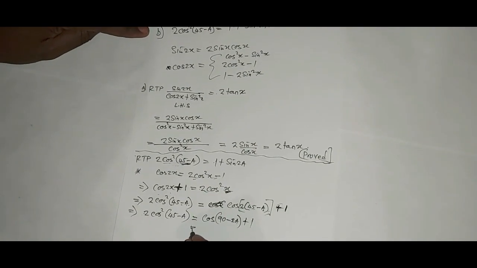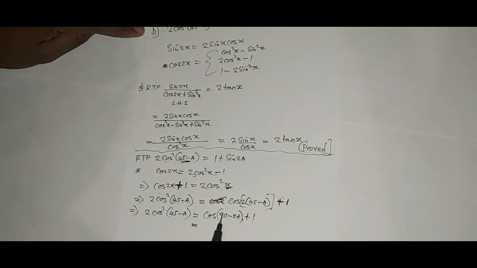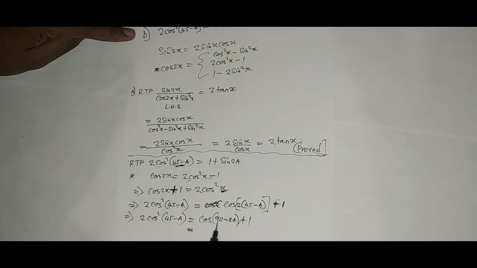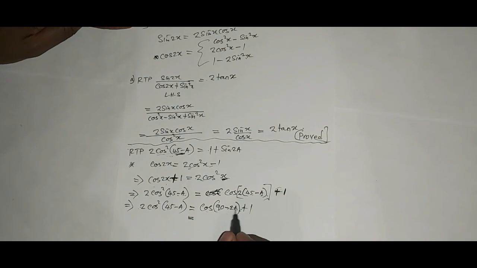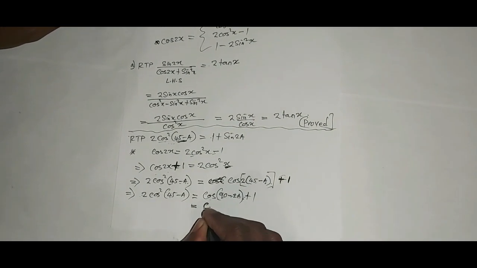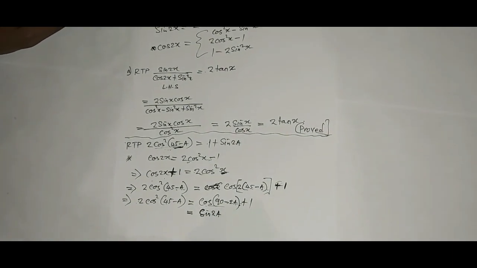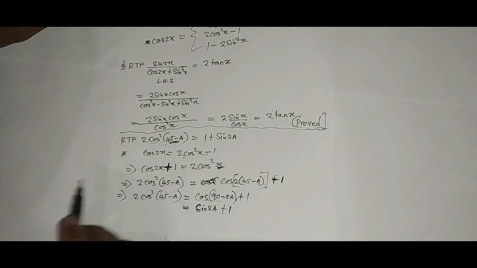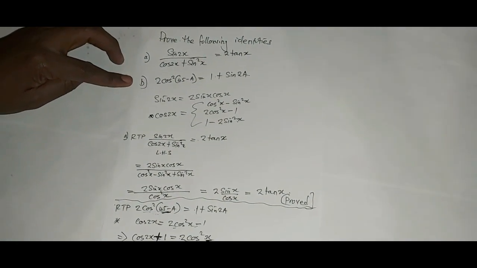Can you see these are co-functions of angles, which means cos of 90 minus 2a will be, in this case, sin of 2a. This becomes sin of 2a plus 1, which is exactly our right hand side in this case. So it has been proved.